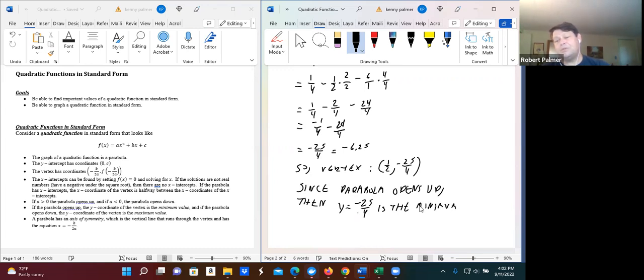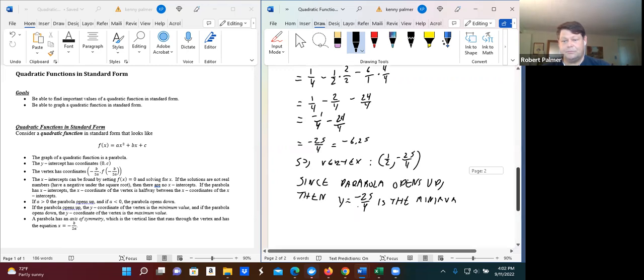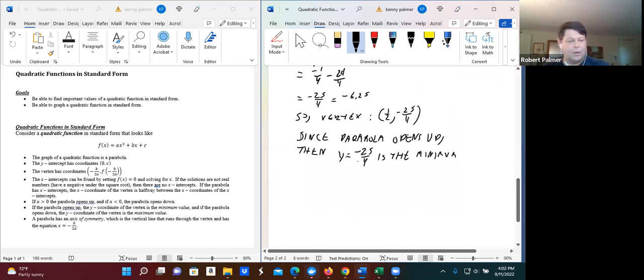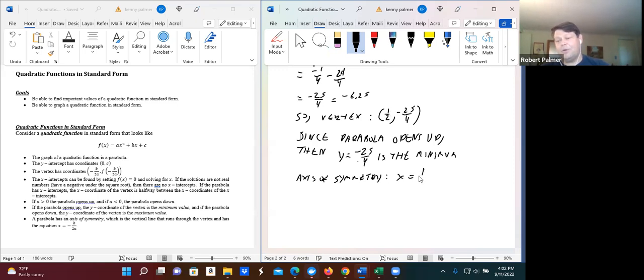It's the minimum or the lowest value the function takes. And then I think our final step is this axis of symmetry. It is the vertical line x equals whatever the x coordinate is. Remember, a vertical line is the equation x equals something, so x equals 1/2.